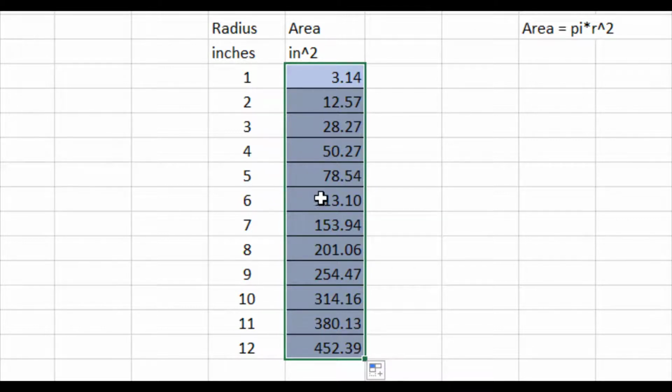No. In fact, when you double the radius, you quadruple the area, which is a completely different kind of relationship and cannot be written in the form y equals kx. In fact, it's written over here in the form y equals pi times the radius squared.